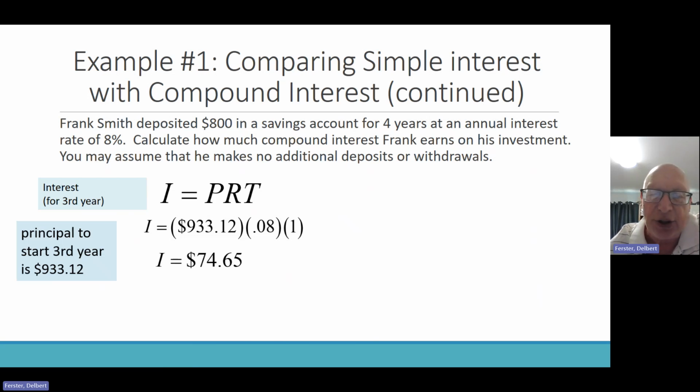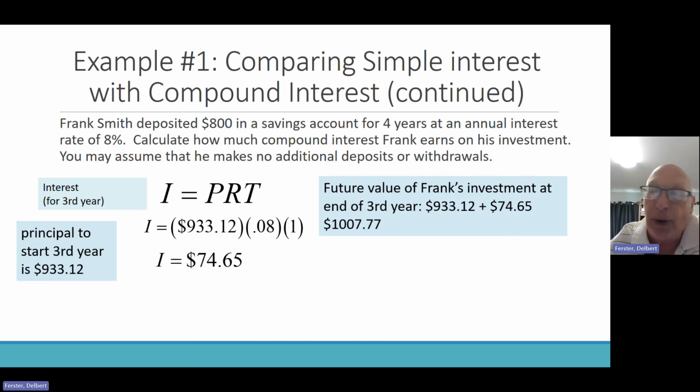This time it's going to increase his principal by $74.65. So we'll take the $933.12, we'll add the $74.65. So my man Frank now up to $1,007.77. Got one more year to roll because we're trying to find out how much he'll have after 4 years. So let's go get it.